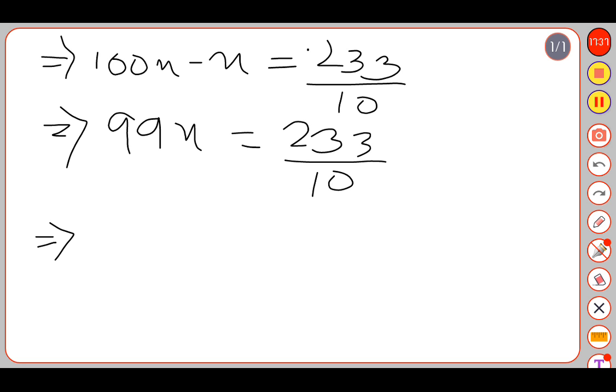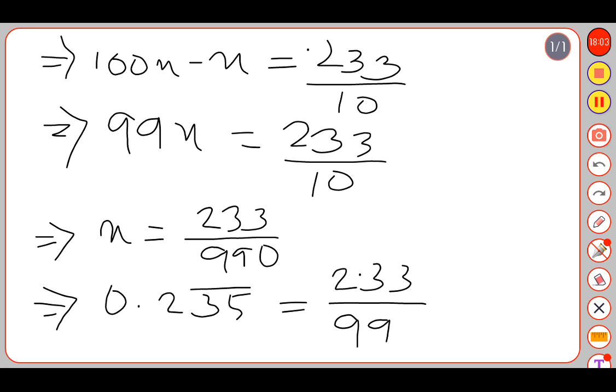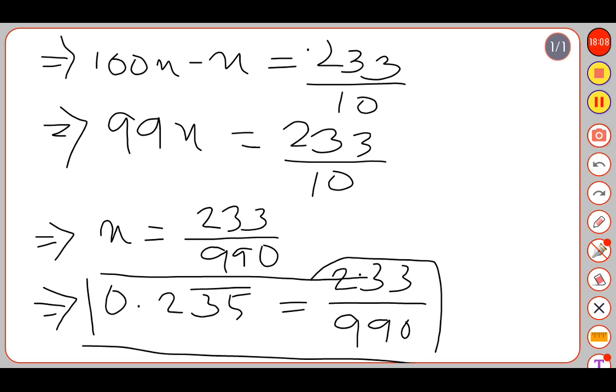So we will bring this 99 here. As it is multiplied into x here, after bringing 99 to this side, it will be divided. So x equals 233 by 990. That implies 0.235 bar equals 233 by 990.